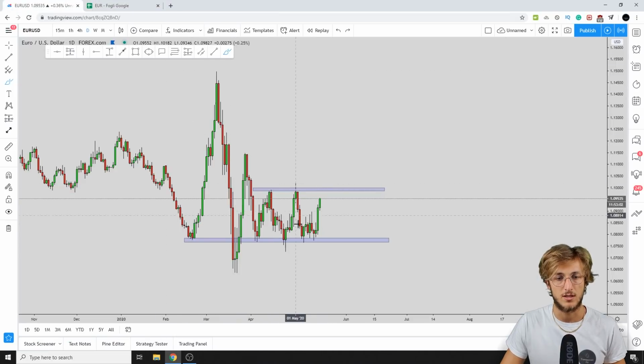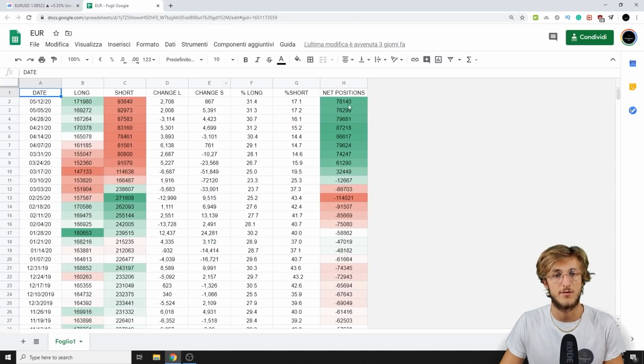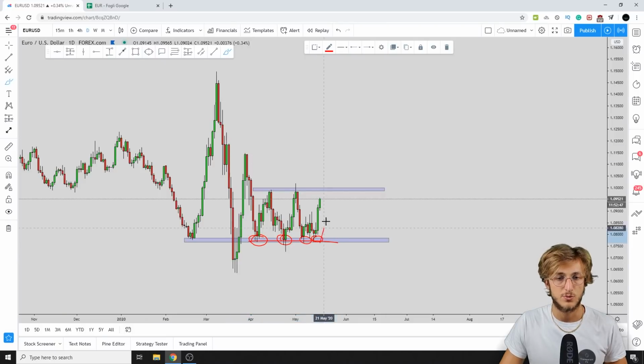In fact, we can clearly see that obviously at this area there will be many buy orders that are stacked at this zone, and they already entered the market, and we see this clearly reflected in the positioning in the COT data. So this push to the upside doesn't surprise me at all.